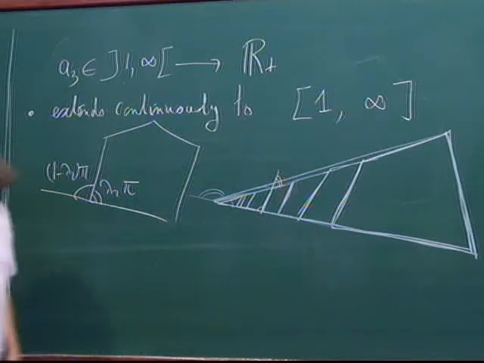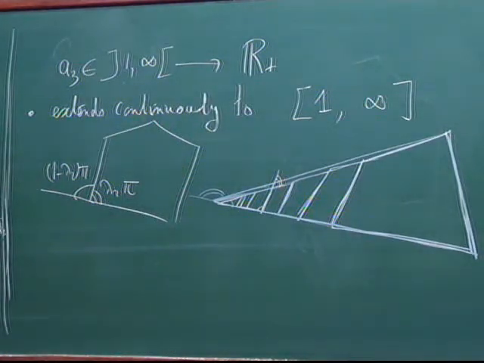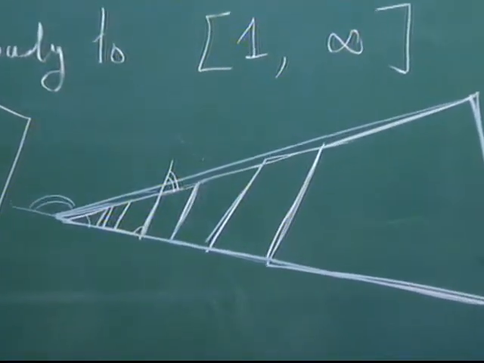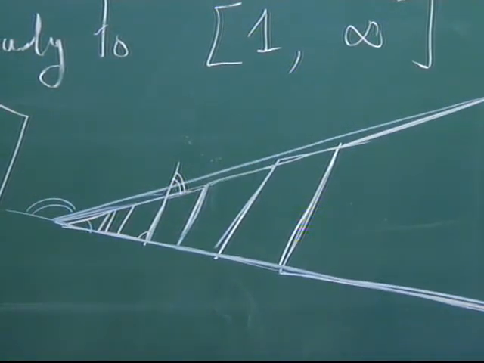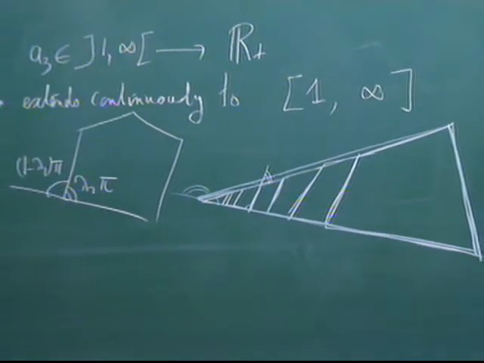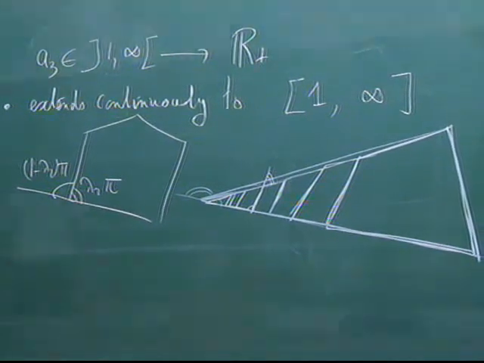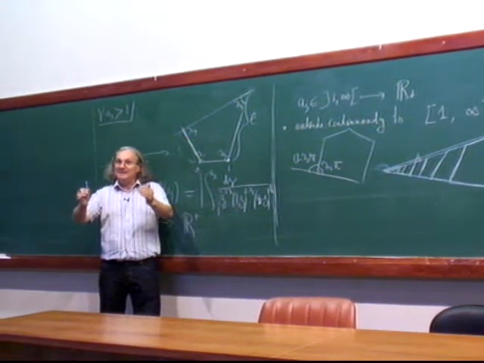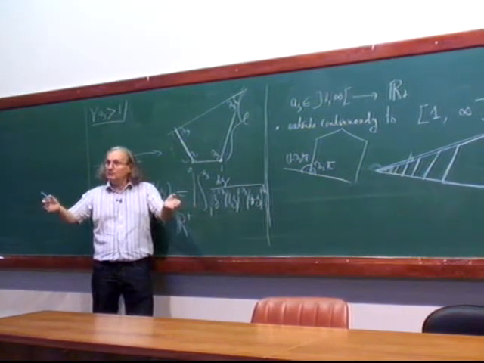of the quadrilateral. So what I just mean is that when you take the Schwarz-Christoffel map, and when A3 is going to the boundaries of the domain, when A3 goes to 1 or to infinity, what is happening simply to the corresponding quadrilateral is that it degenerates to a triangle.